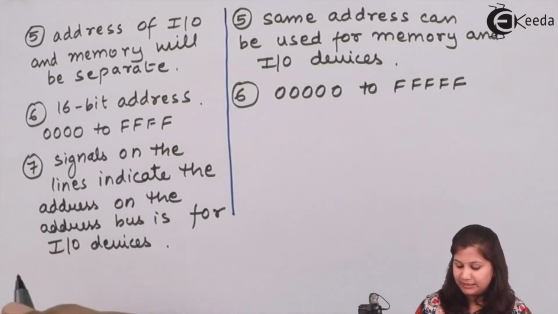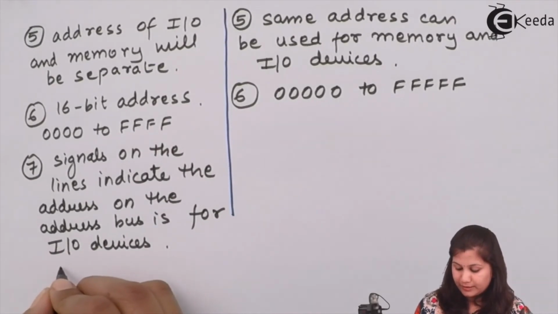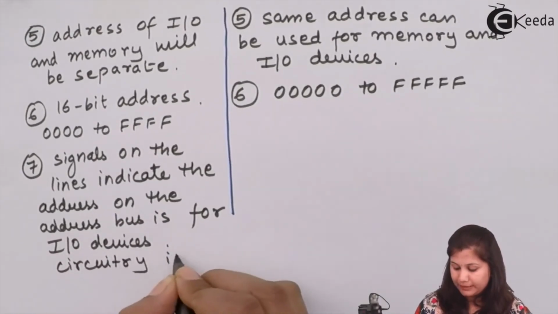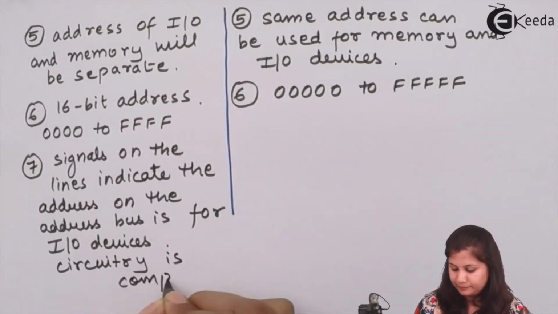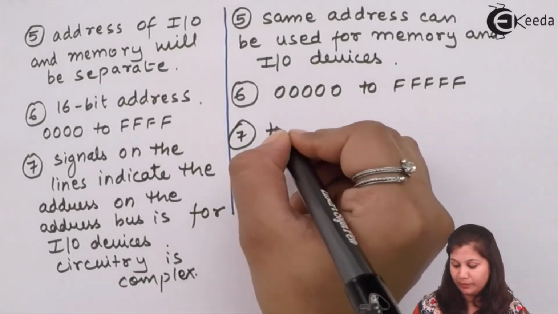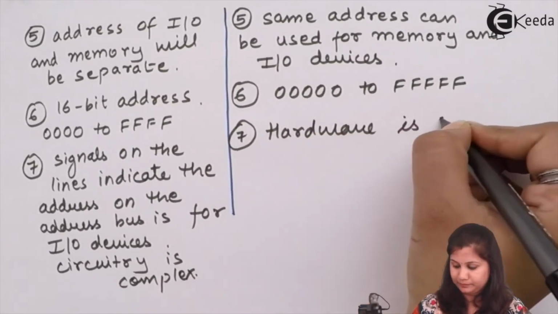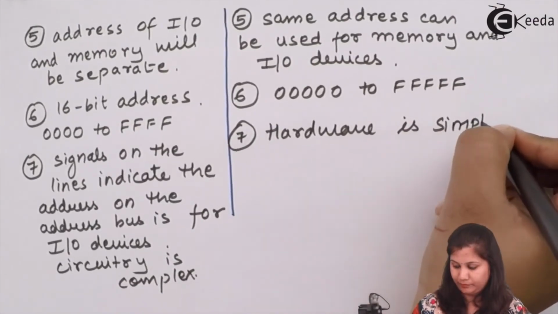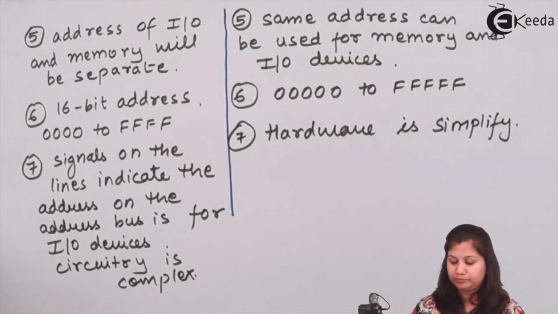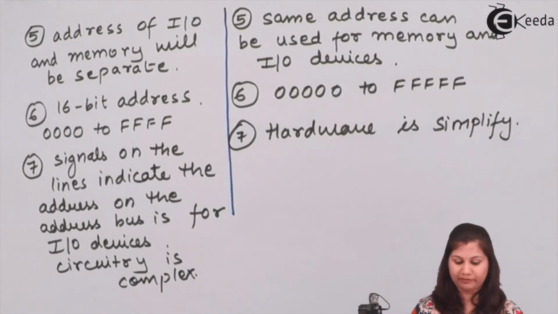So we can say that in the case of input output mapped, the circuitry is complex, whereas in the case of memory mapped, the hardware is simplified, because the same signals can be used both for the memory and the input output devices.